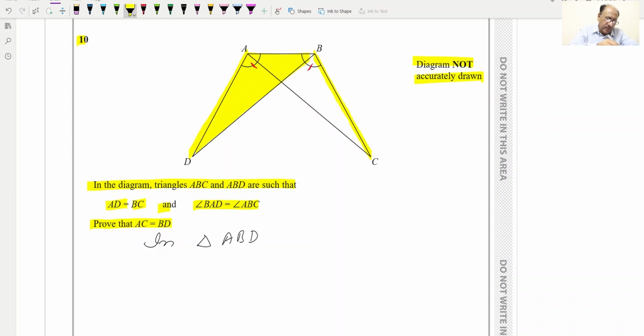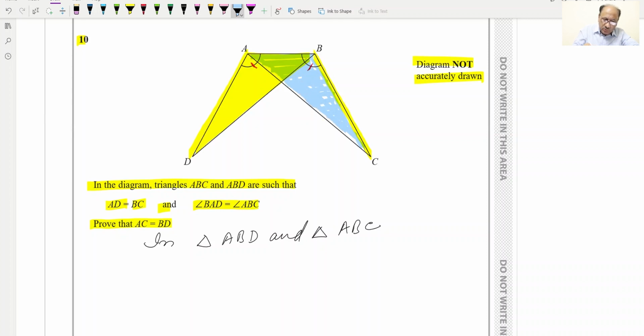Now the second triangle, triangle ABC. ABC is which triangle? ABC is basically this triangle. Hopefully you are understanding. This will be the ABC triangle, which we have considered.